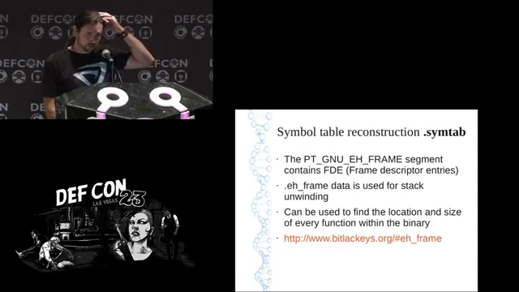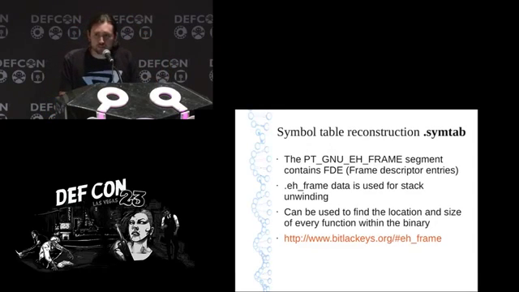So symbol table reconstruction. In my opinion, this is perhaps the most useful feature, one of them at least, that ECFS does. As reverse engineers, you probably know it's very nice to have symbols. Well, what ECFS can do is, even if the original binary was totally stripped, has no section headers, no symbol tables, when that process gets snapshotted, ECFS fully reconstructs both of the symbol tables.